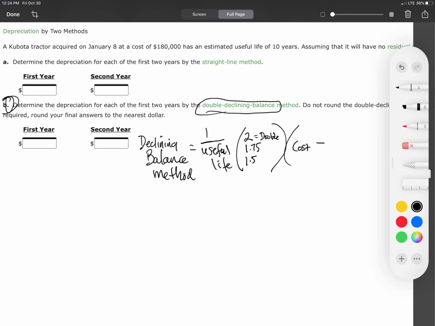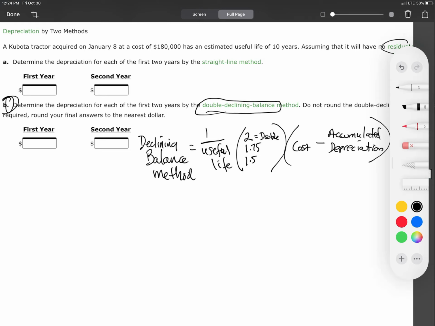Then you multiply it by the cost minus accumulated depreciation. Notice that this formula does not include residual value.